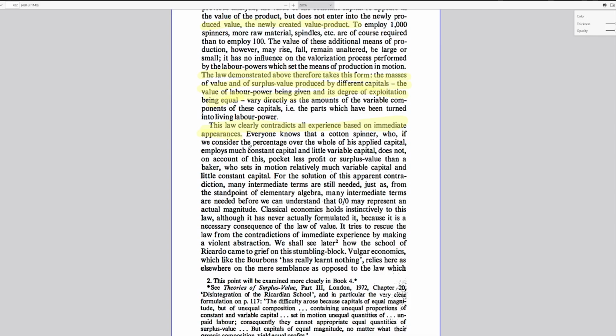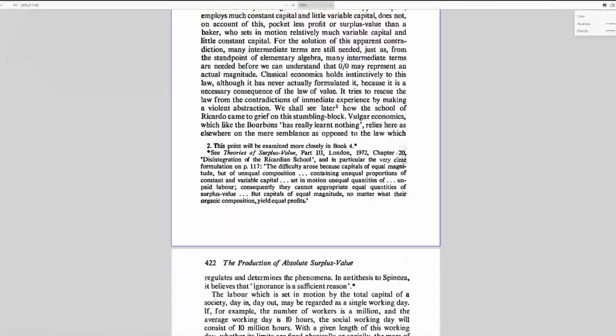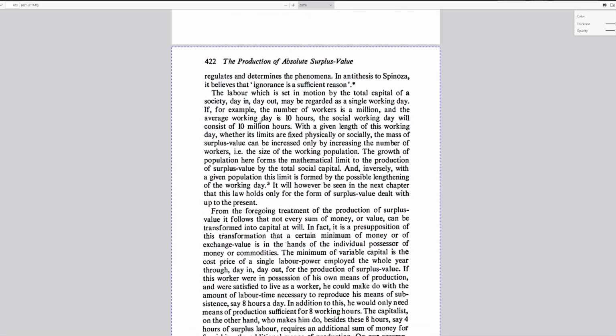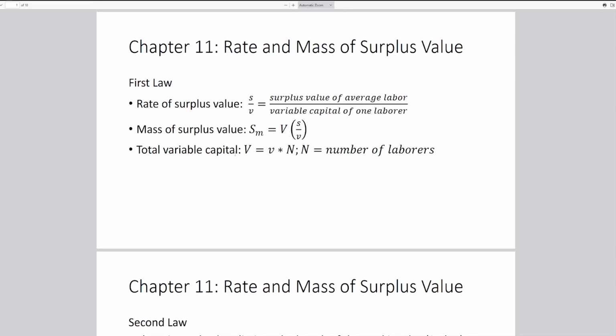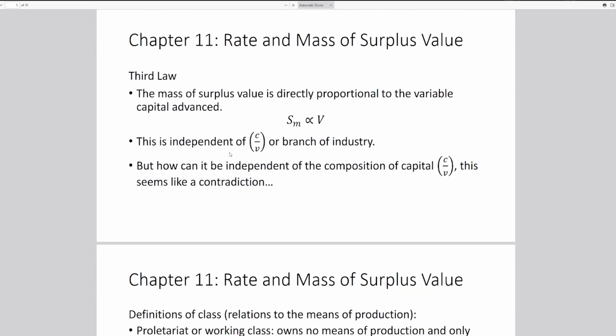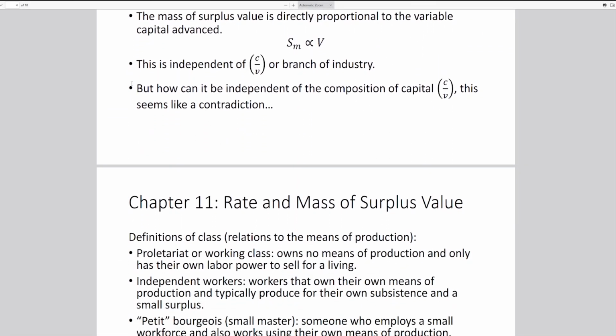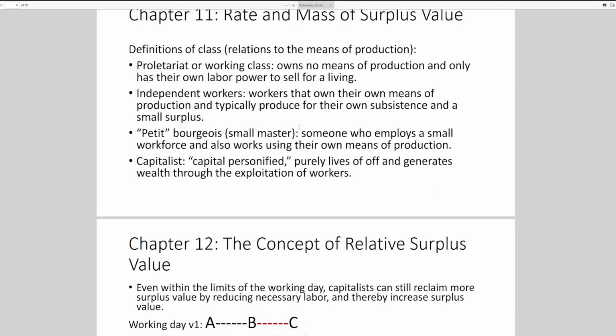I wrote the same thing in much shorter language, but basically it's like, well, how does that work? How can this ratio be independent of C over V? It doesn't seem like it would work that well.